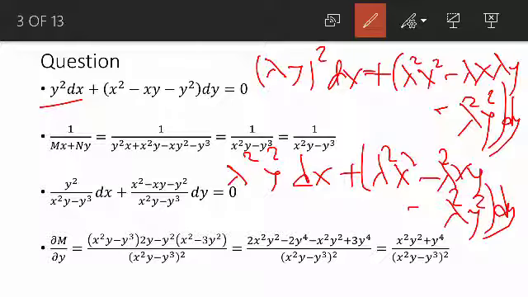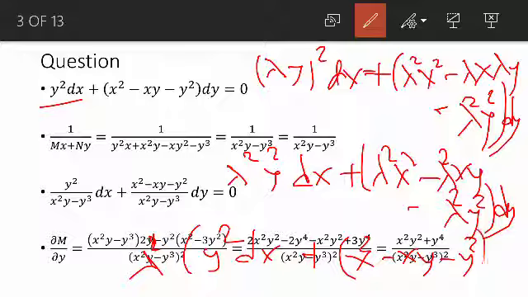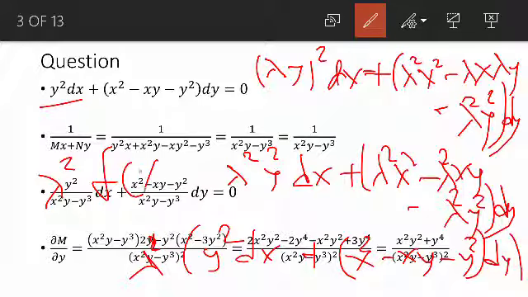So you can see that lambda squared is common throughout, and if we factorize, we have lambda squared into y squared dx plus open brackets x squared minus xy minus y squared dy, which means lambda squared f of (x, y), because the whole of this is now f of (x, y).